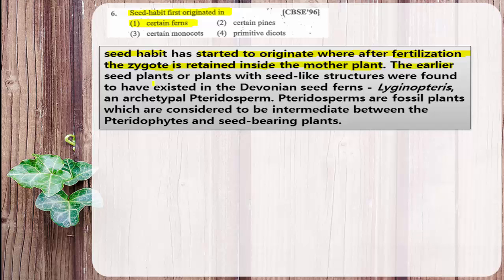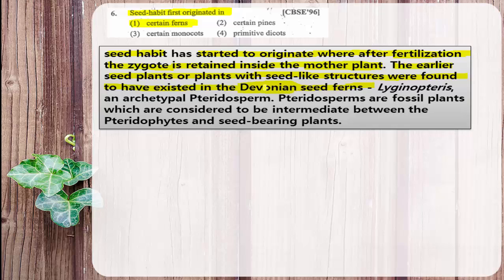The earliest seed plants with seed-like structures were found to have existed in the Devonian seed ferns. What is Devonian? It is a part of the geological time scale, which contains terms like era, epoch, period.